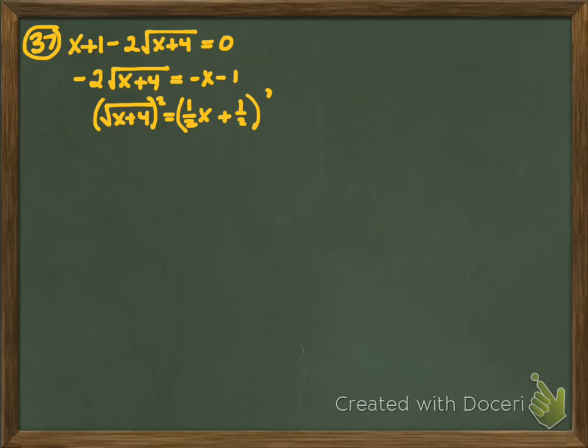both sides. And we get x plus 4 equals, and then we get 1/4 x squared plus double the product of the 2. Yes? Because I'm multiplying by a negative. Reciprocating a number does not change its sign.